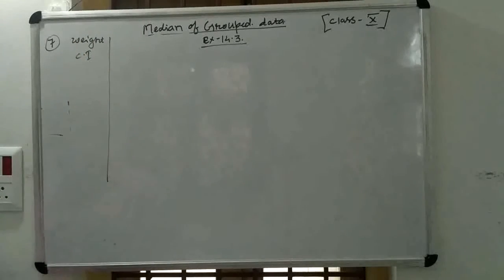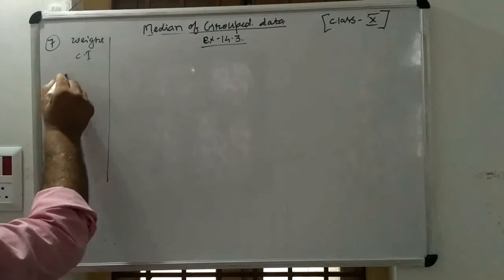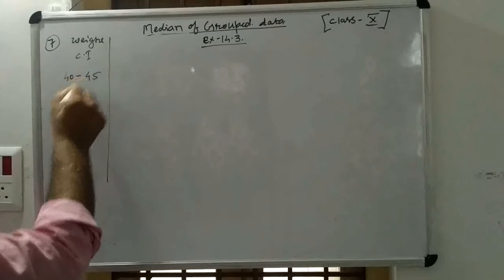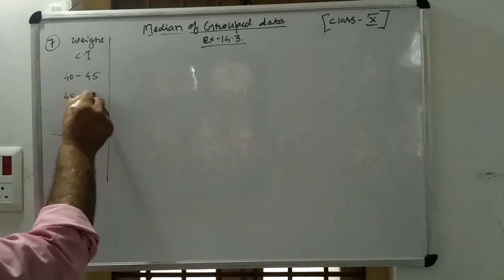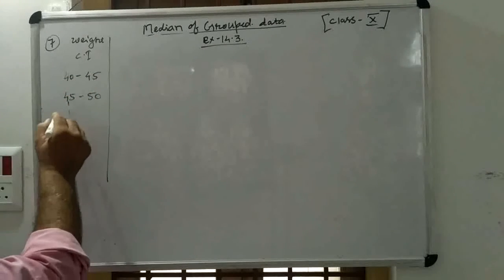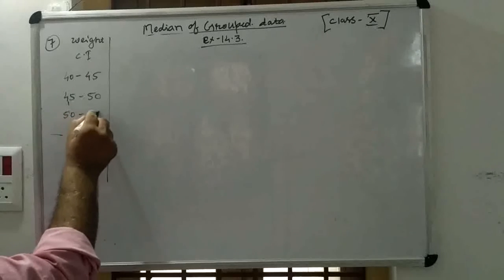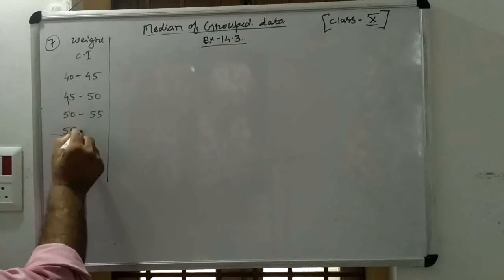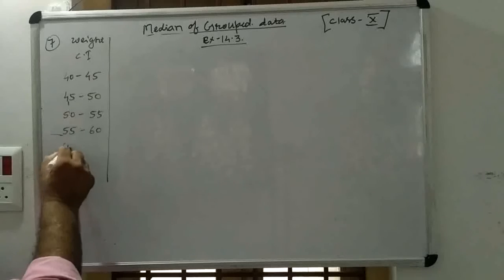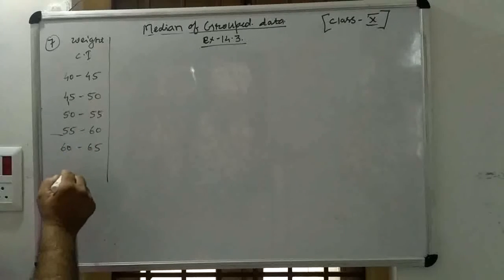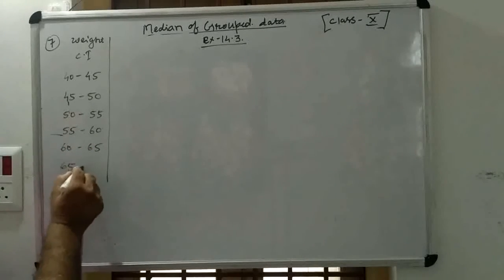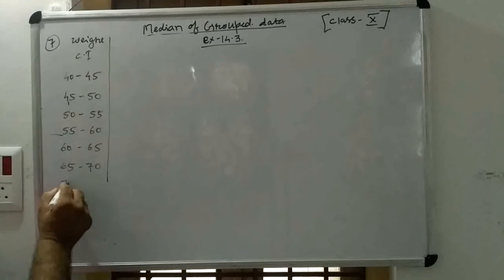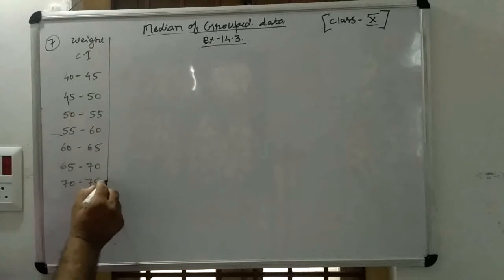The weights are 40 to 45, 45 to 50, 50 to 55, 55 to 60, 60 to 65, 65 to 70, and 70 to 75.